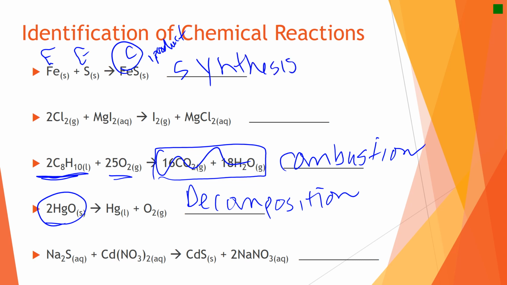All right, now I'm between single and double replacement. This is an element by itself. This is a compound. This is an element, and this is a compound. If I look at this, I notice that the Cl, which is the element, kicked out that I. Why does it do that? Because every element by itself wants to be a part of a compound. Why is that?